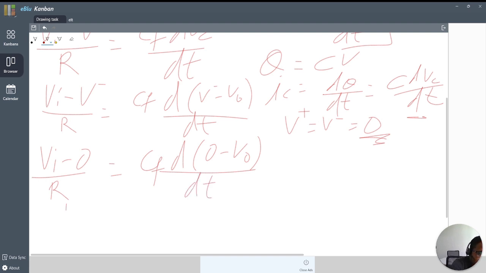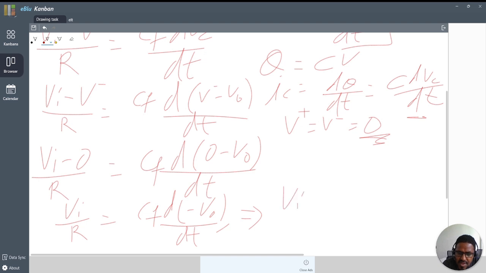This means Vi over R equals CF d of minus V out over d of t. Rearranged, Vi over R equals minus Cf d of V out over d of t.